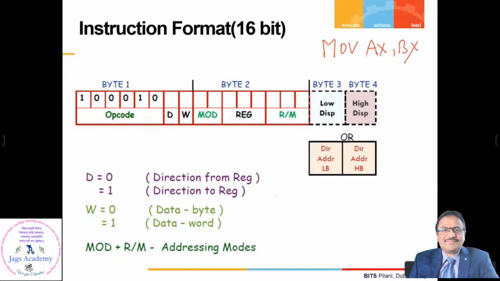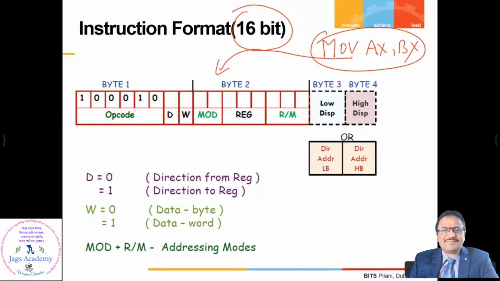You just use them to convert your assembly program into machine instruction, which is nothing but a combination of ones and zeros. You should compulsorily follow this format. There is a 32-bit instruction format and a 16-bit instruction format, and now we are going to see the 16-bit instruction format.